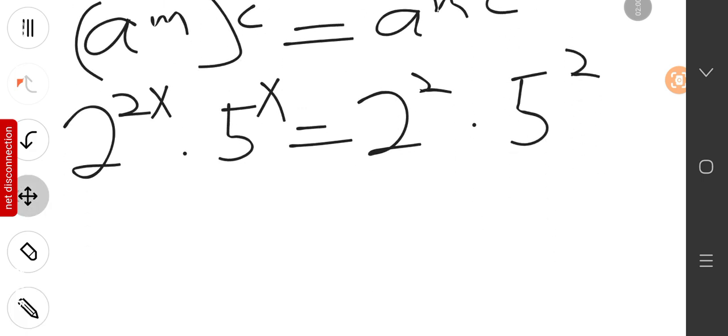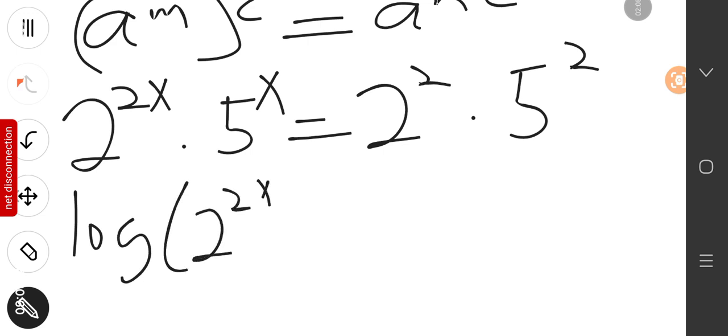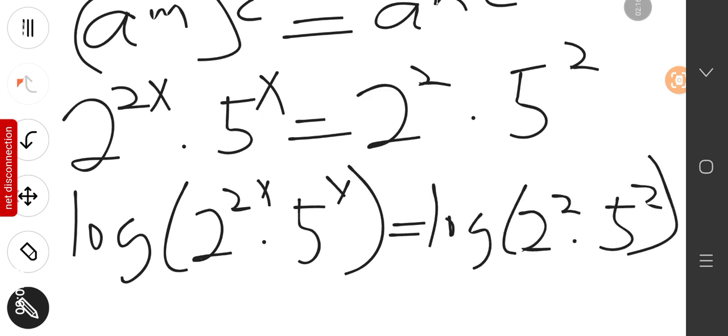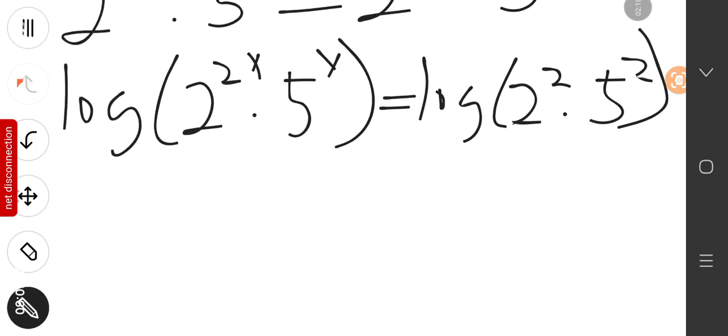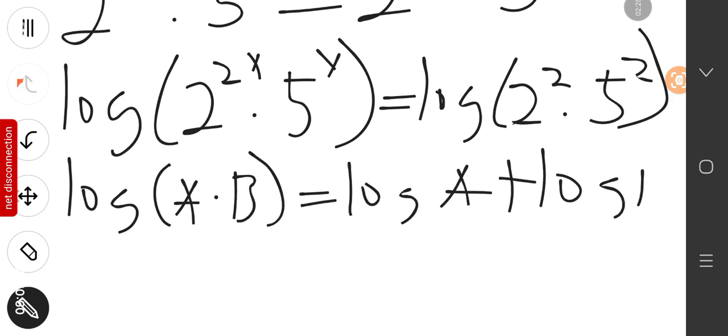Now here we are going to apply logarithm. So we say log of 2^(2x) times 5^x equals log of 2 squared times 5 squared. All right, so you're going to apply the product law of logarithms. So log of a times b should give us log a plus log b.